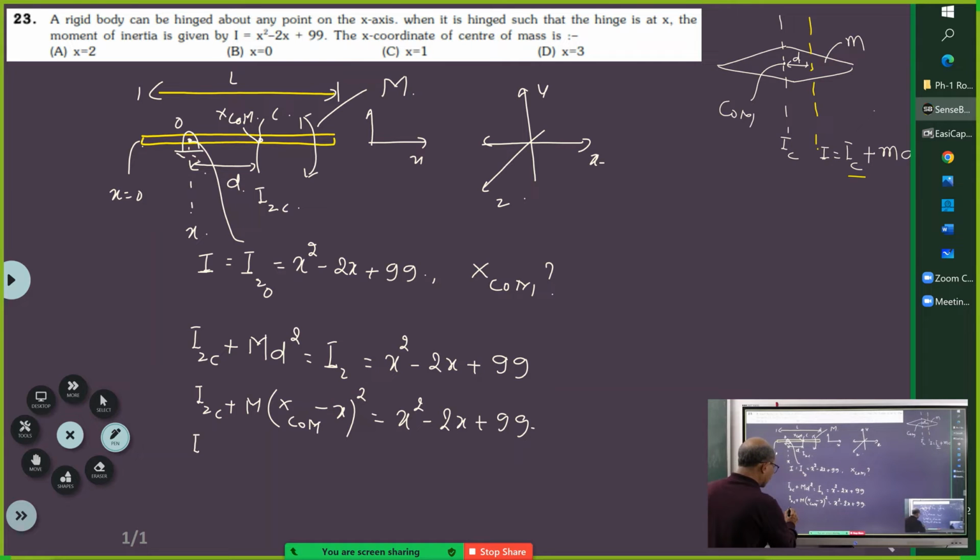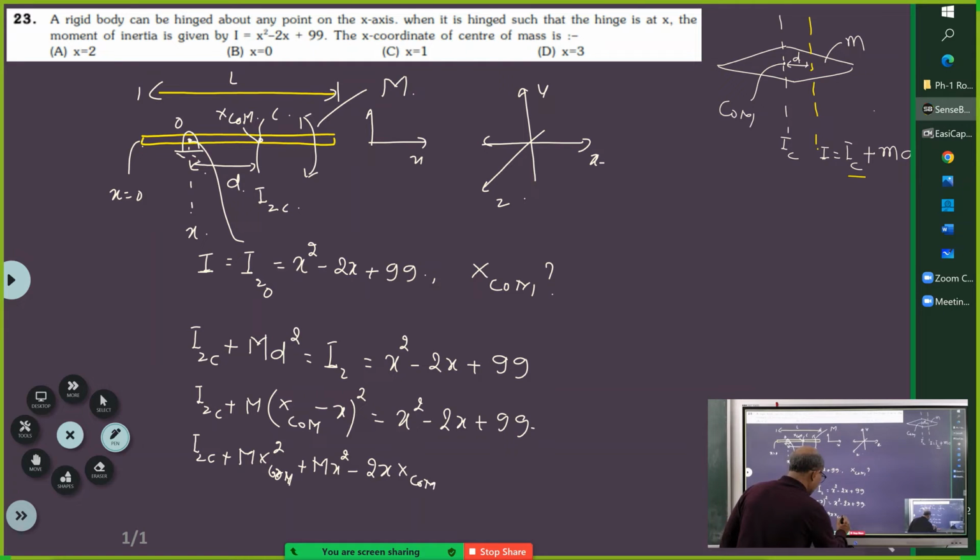So if you expand this, this is a constant plus m xcom square plus m x square minus 2x xcom into m, and this will be equal to x square minus 2x plus 90. Equate the coefficients.